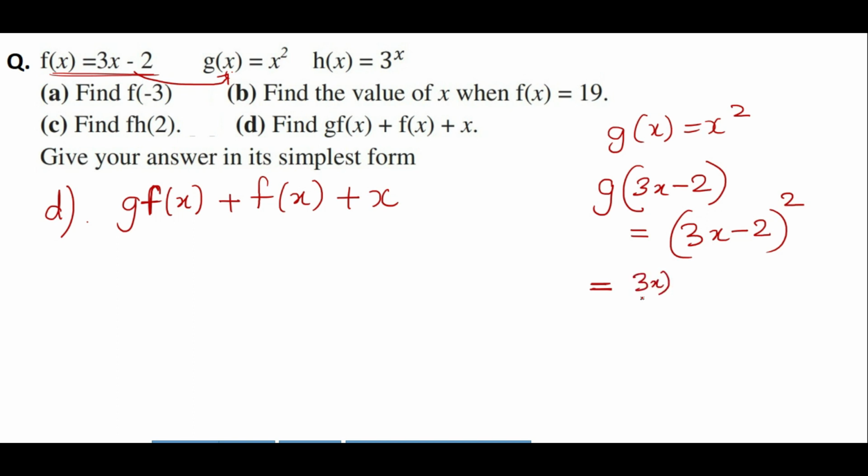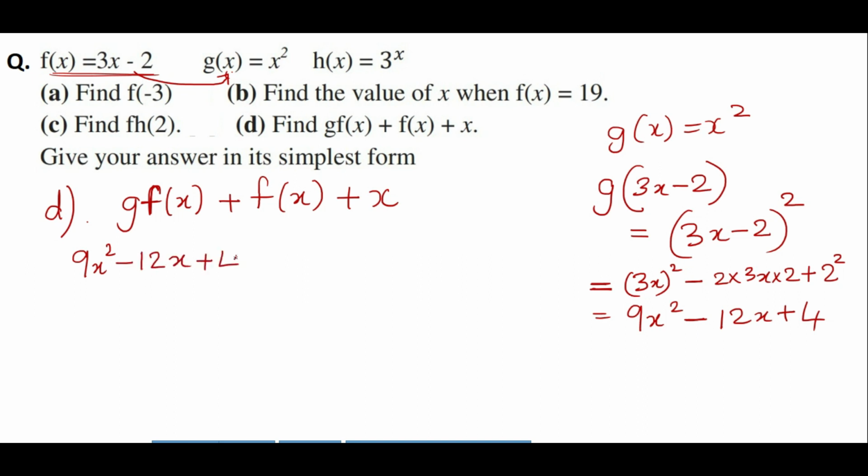So I'll have a squared minus 2ab plus b squared, giving me 9x squared minus 12x plus 4. So this is just my g f of x. So let me just write it back here. I have 9x squared minus 12x plus 4, plus my f of x, which is 3x minus 2, plus x.